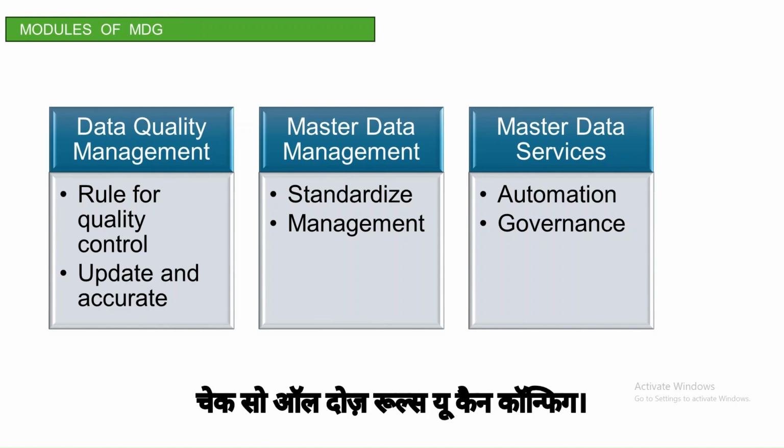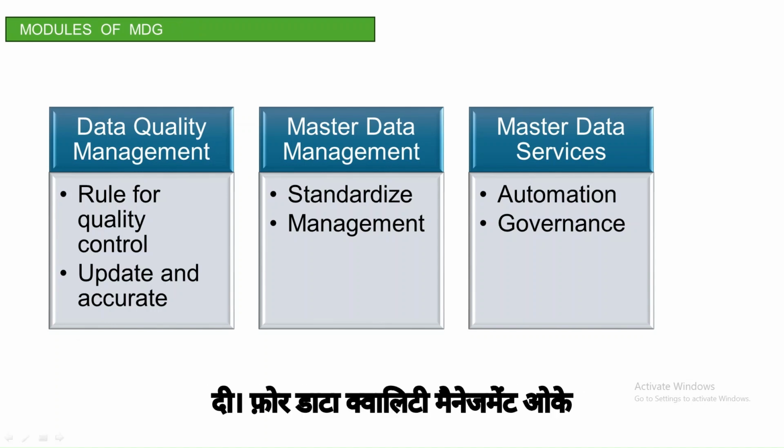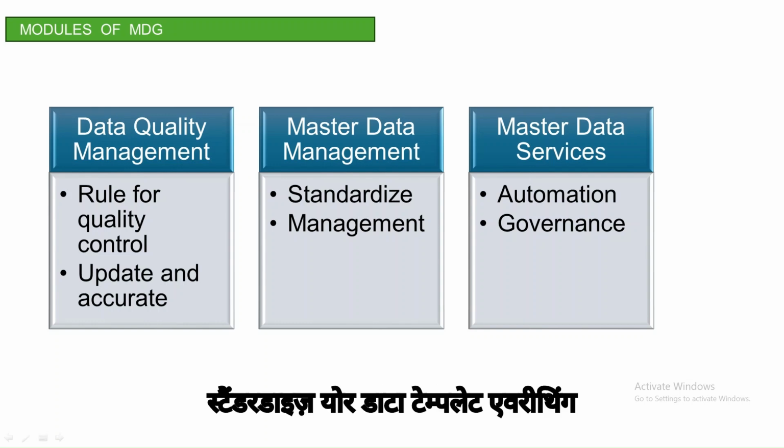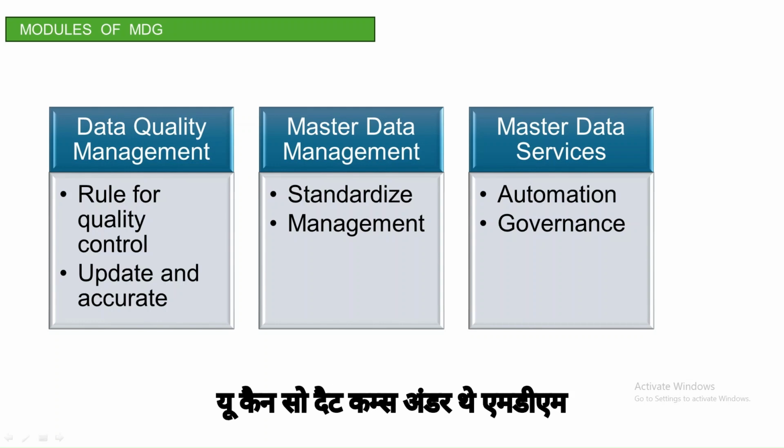All those rules you can configure for the data quality management. And for master data management, like standardization, how to standardize your data template, everything you can do. So that comes under the MDM.